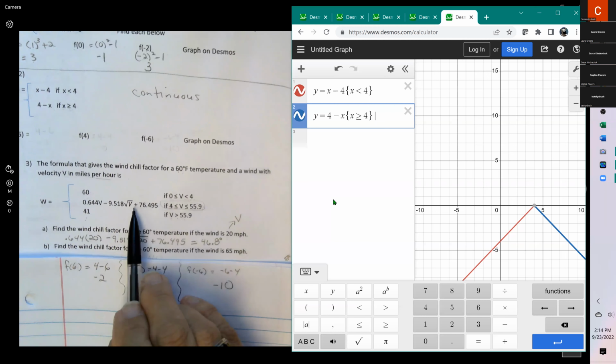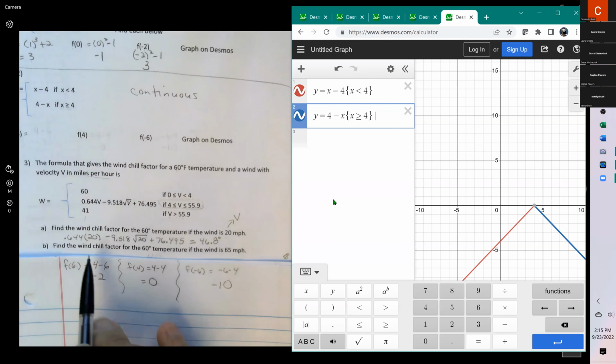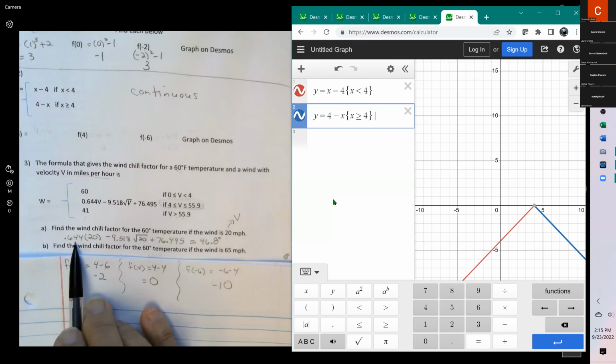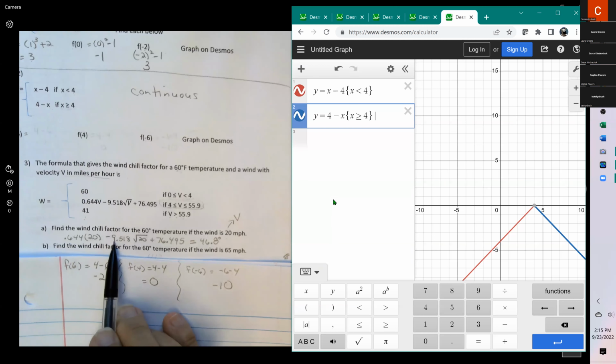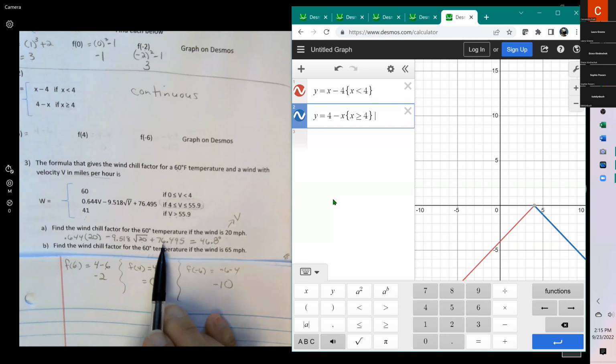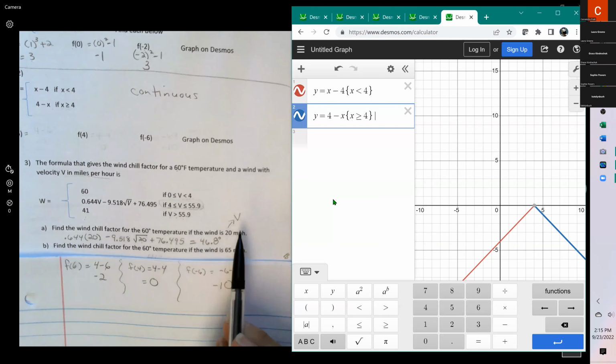And just plug it into the equation. 0.644 times 20 minus 9.518 square root of 20 plus 76.495. And if you plug that all in, if the wind is 20 miles per hour, it will feel like it's 46.8 degrees. Any questions on that?